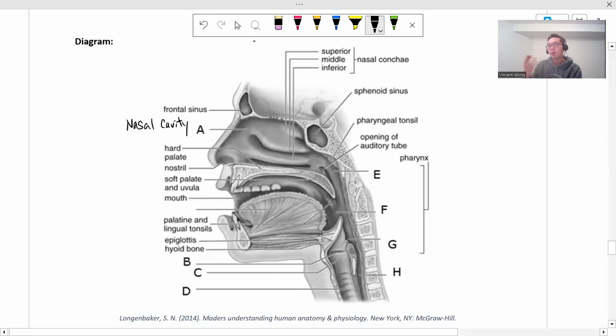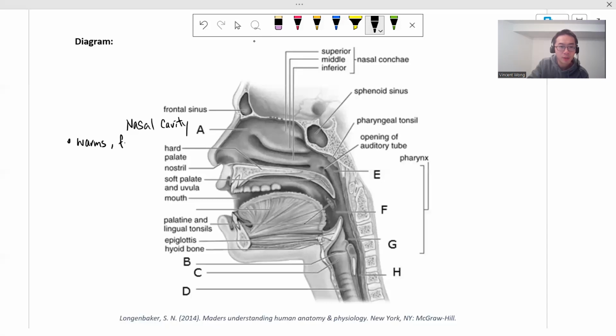And there's a lot of mucus and blood vessels, blood capillaries in the nasal cavity. The purpose of the nasal cavity is to warm, filter, there are a lot of hairs in there as well, and moisten the air.